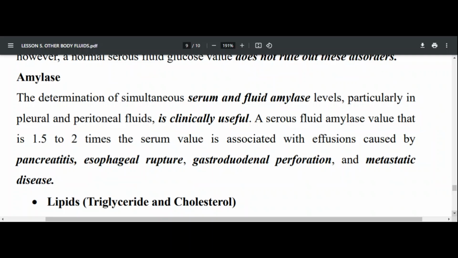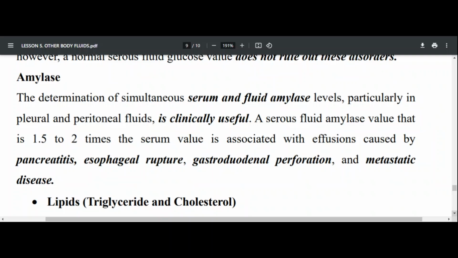For example, peritoneal or ascitic effusion caused by pancreatitis, you find that amylase is very high, or esophageal rupture, gastroduodenal perforations, and metastatic diseases, which will increase amylase activity.